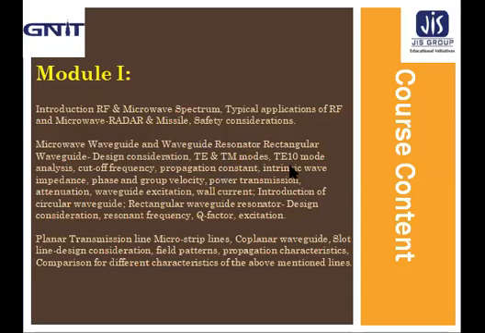Also in previous lecture, it was discussed that if the mode is TE10 mode, then what will be the analysis, what will be the cutoff frequency, propagation constant, intrinsic wave impedance, phase and group velocity. Now, today we will discuss the power transmission and attenuation.